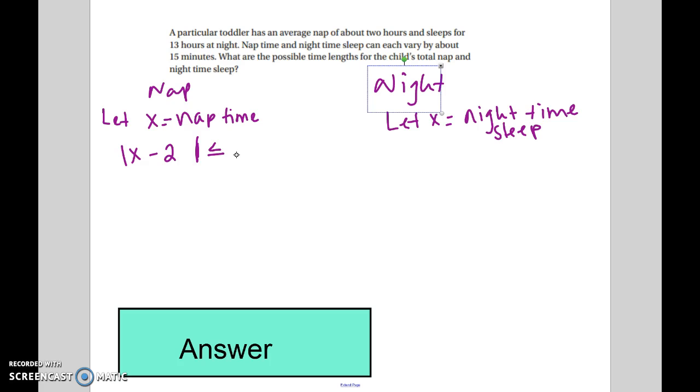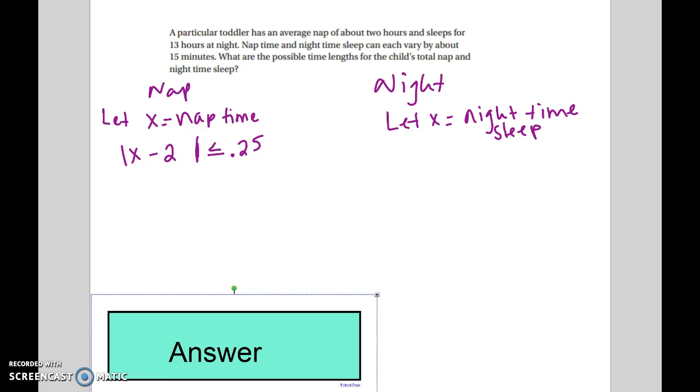But I need it all to be in the same unit. And since we had hours before, I'm going to put this into hours. 15 minutes is a quarter of an hour, or 0.25. So now watch what happens when I solve this problem. Since it's an absolute value and it's an "and", I'm going to have x minus 2 is less than or equal to 0.25, and x minus 2 is greater than or equal to negative 0.25.